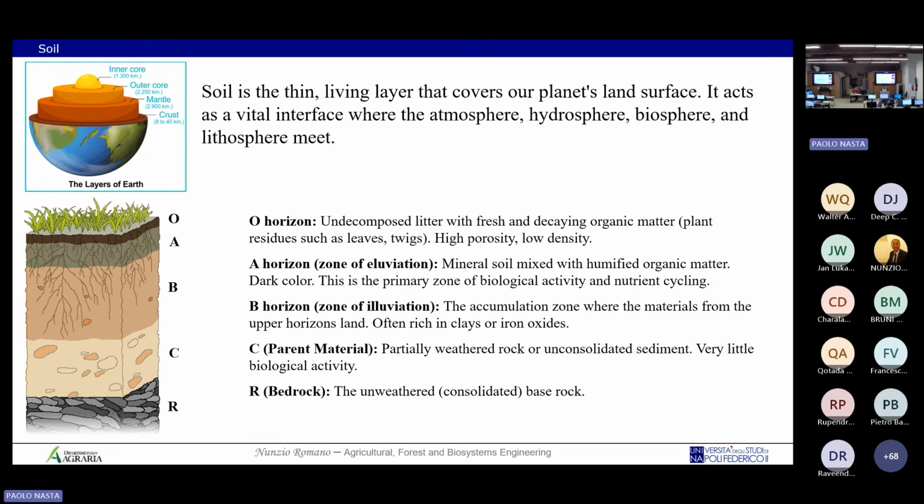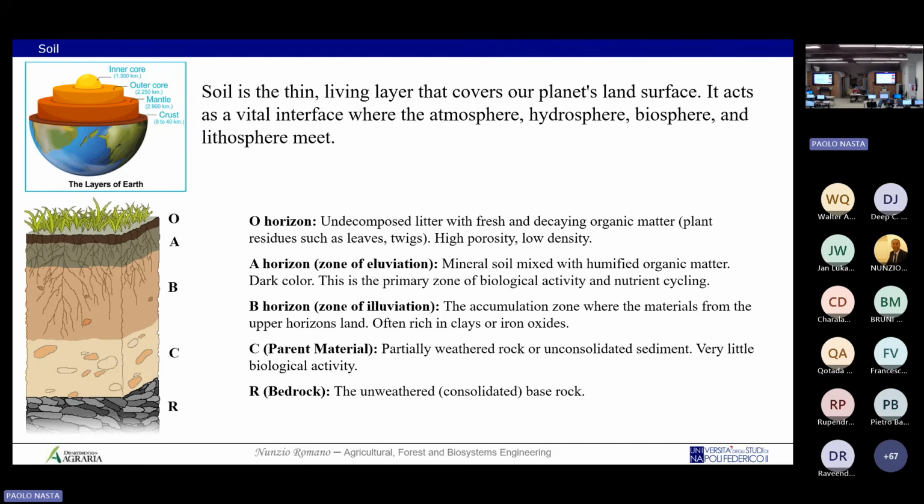But if you see the crust, it is also kind of thick. As a pedologist, the soil is a very thin outer layer of the planet Earth. It can be only 1 meter deep or even less.